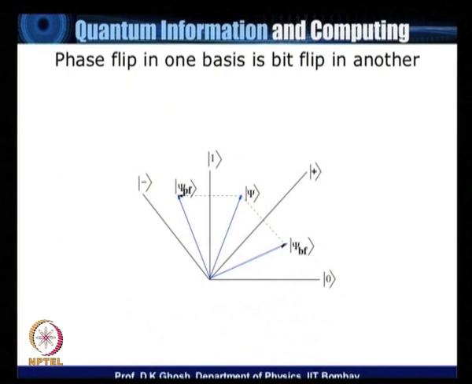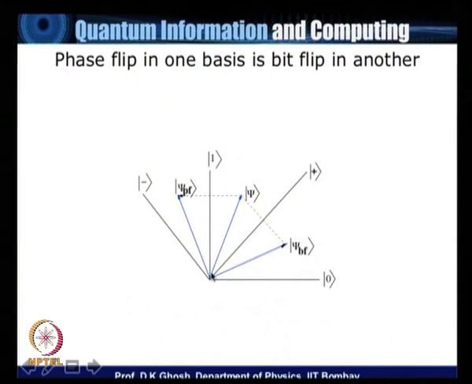So it means what was a phase flip of pi in the computational basis is actually a bit flip in the diagonal basis, and this is useful information to have, as is shown in the diagram that I'm showing you here. So look at this.